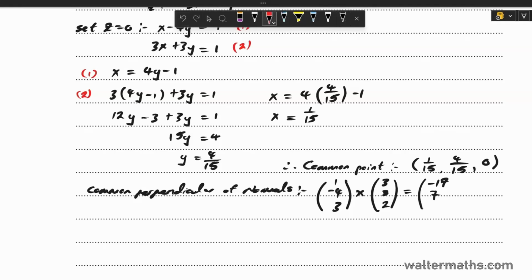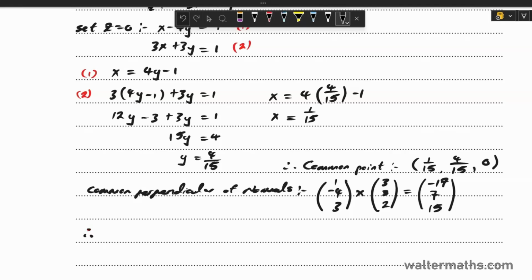Then lastly, close out here. Then this 3 minus minus 12 will give us 15. So we have 15 down here. So this here is the common perpendicular of the normals, which also happens to be the direction vector of the line of intersection of the planes.